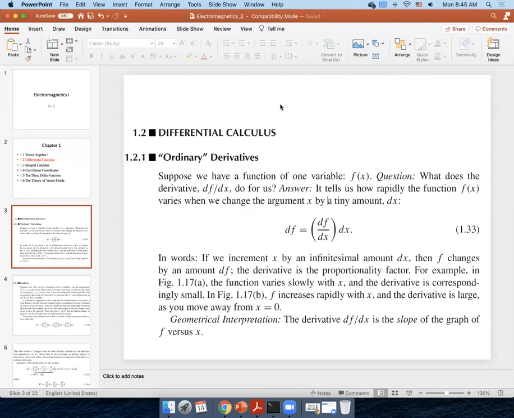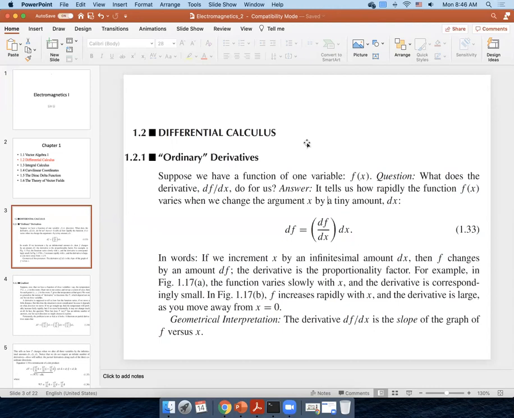So first, let's review a little bit the most simple derivative or differential, which is the ordinary derivative, or one-dimensional derivative. Suppose you have a function f(x), a function f that depends on one variable, which is x. So what is df over dx, or the derivative?